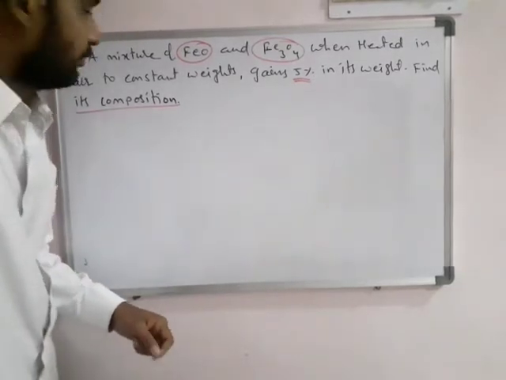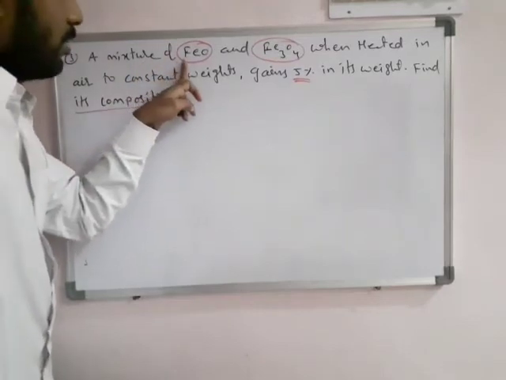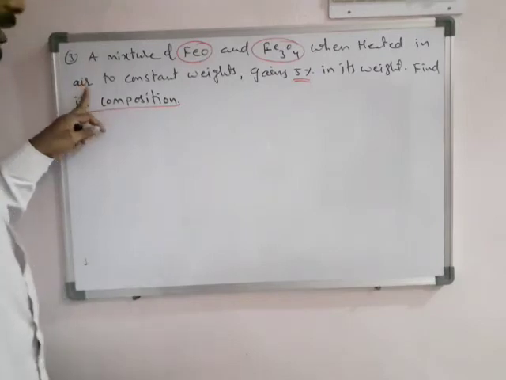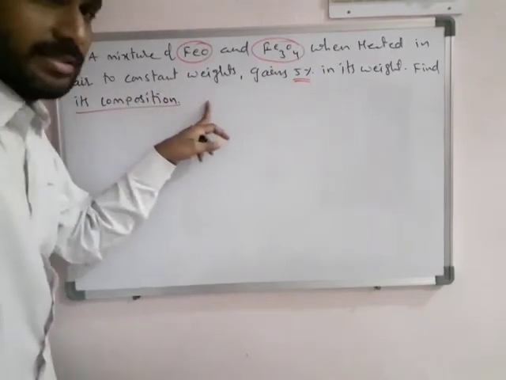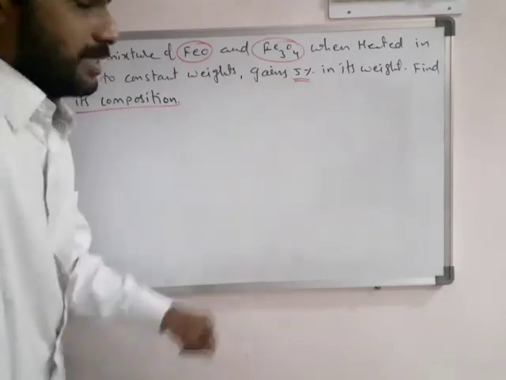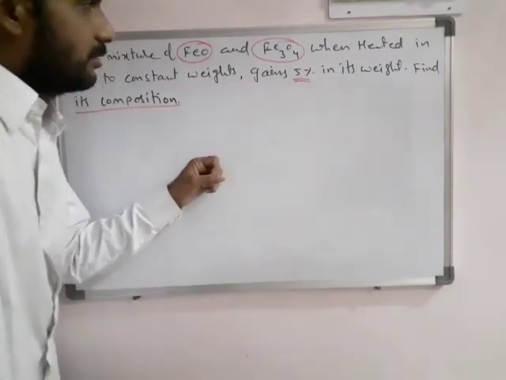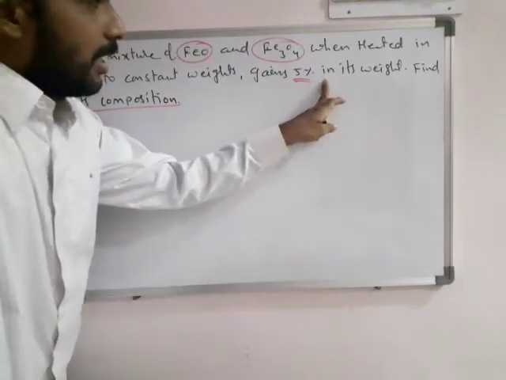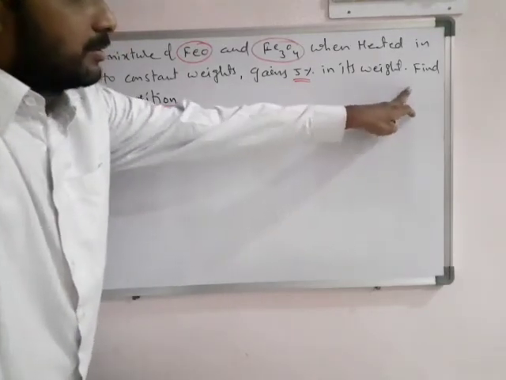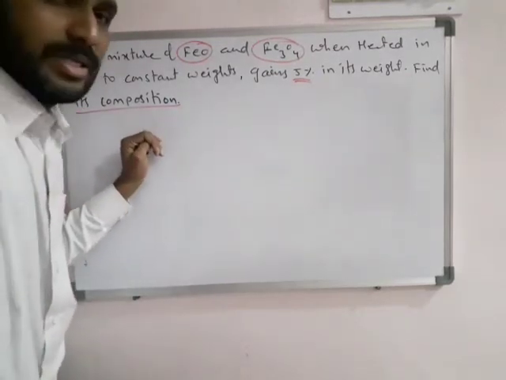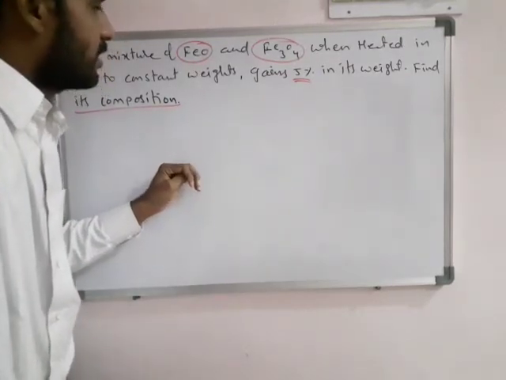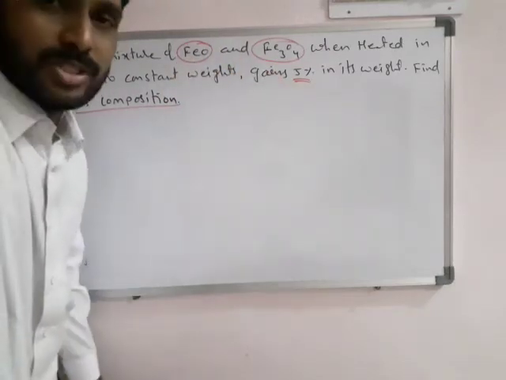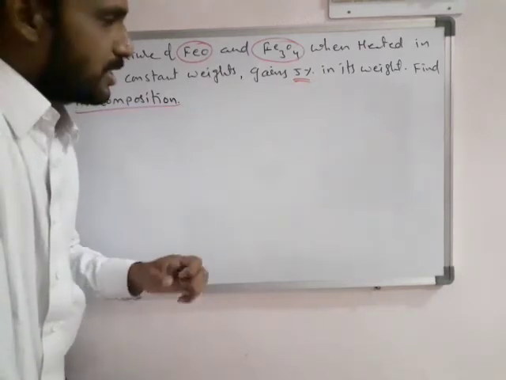Here see the third one. A mixture of ferrous oxide and ferric oxide, when heated in air to a constant weight, gains 5%. Means on heating, the total mixture weight is increased by 5%. To find its composition means we need to find the percentages of these two in the original mixture. The amount of original mixture is not given.